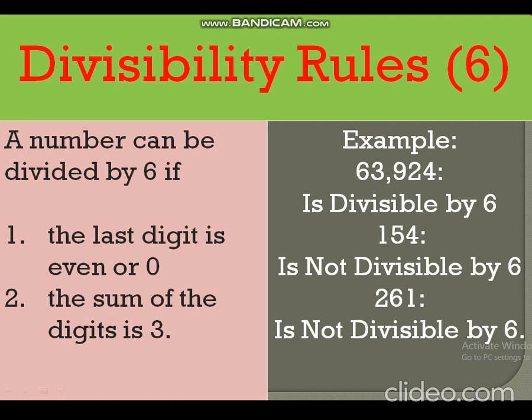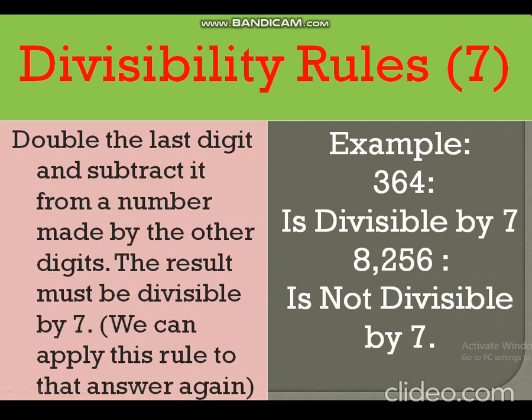Now, let us take another example. 154 is my number. The first condition is fulfilled, but not the second. Therefore, the number is not divisible by 6. Now, let us take another number. 261 is my number. The first condition is not fulfilled. Therefore, we do not need to check the second.